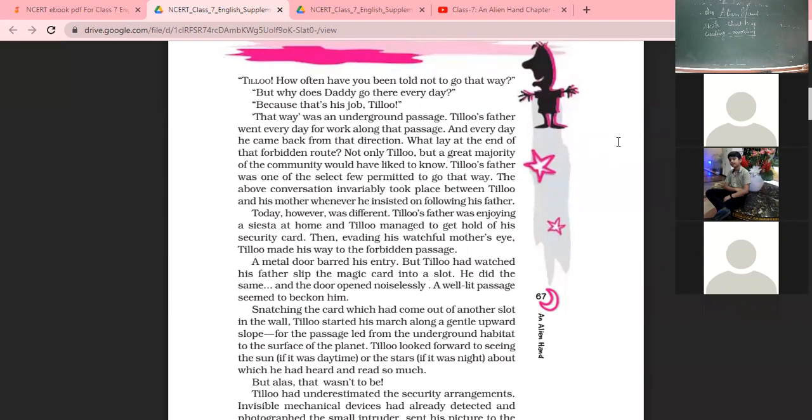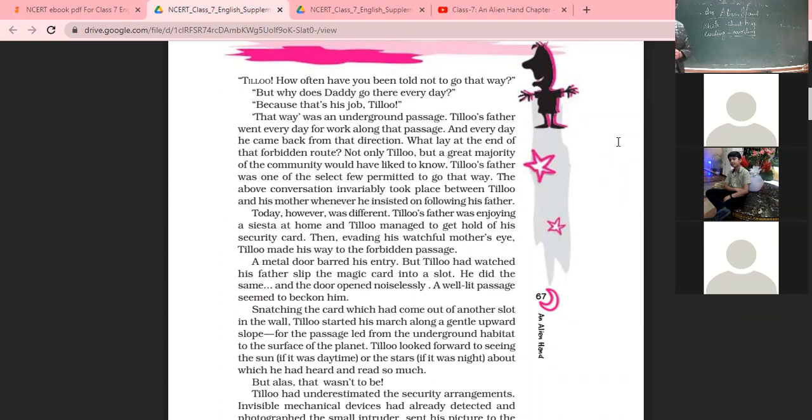Tilu looked forward to seeing the sun if it was daytime, or stars if it was night, about which he had heard and read so much. Now Tilu thought that when he reached the surface, he would either be able to see the stars or the sun.